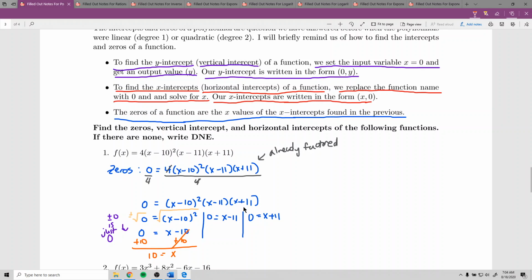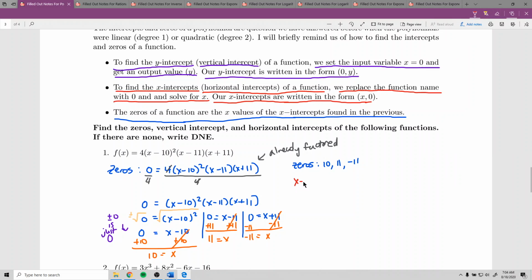For the middle one and the right one, there's no exponent, so we can just do it right away. Middle one, we add 11 to each side and get x equals 11. And the one on the right, we subtract 11 and get x equals negative 11. Right, and remember, the zeros are just the x values. So these three numbers here are the zeros: 10, 11, and negative 11.